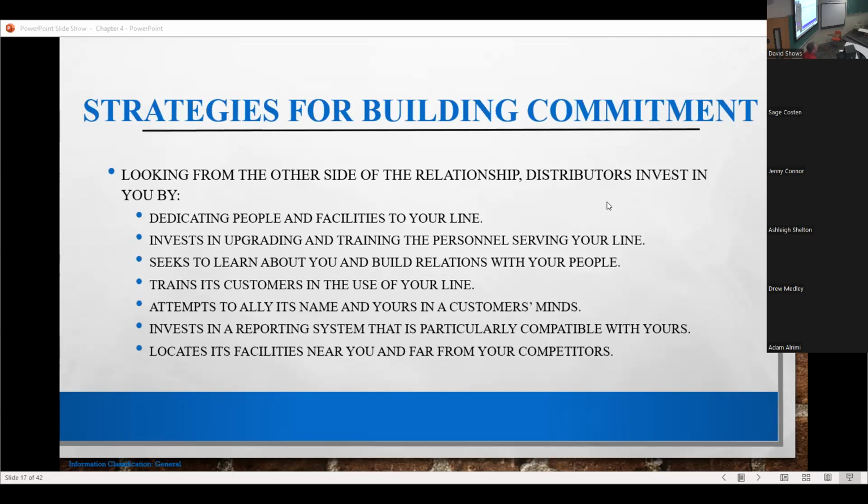The way that they've done it is they've actually put a Procter & Gamble office inside of Walmart in Bentonville. And Walmart has an office inside of Procter & Gamble. I can't remember, I keep forgetting to look it up. So along with all of these other things that they do, they help to upgrade and train your personnel.